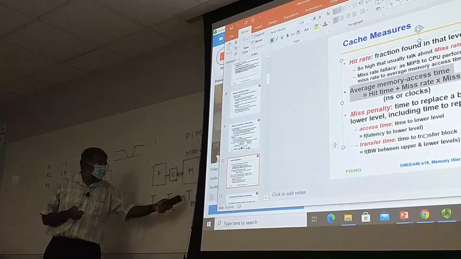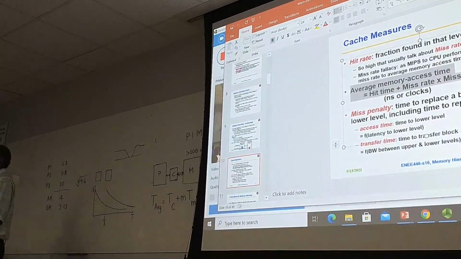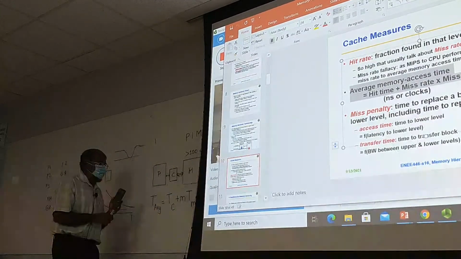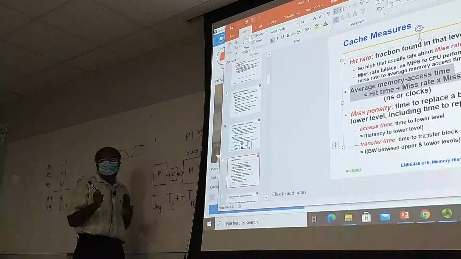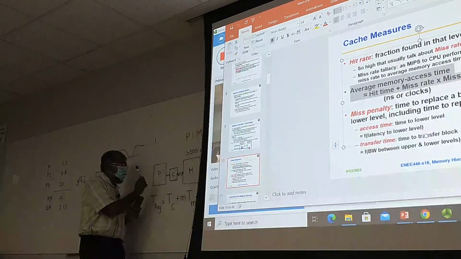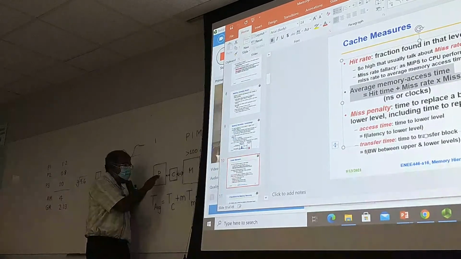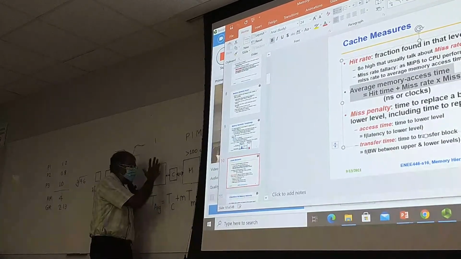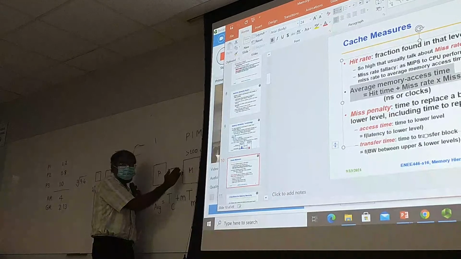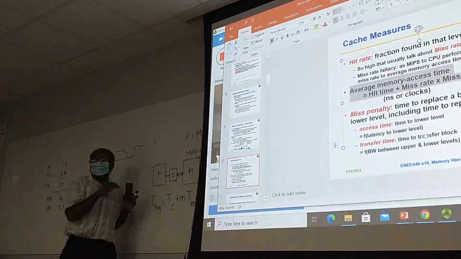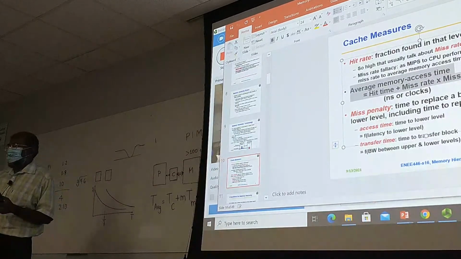So that's this equation. Now, this equation assumes that things are happening strictly sequentially, which means only one request is being sent, and only after that request is completed, the next request will be sent, etc. And that is no longer the case.